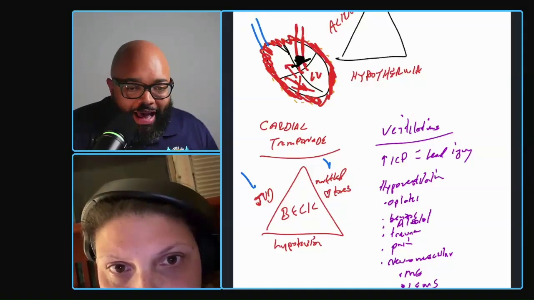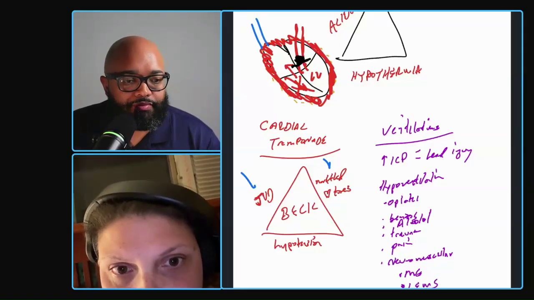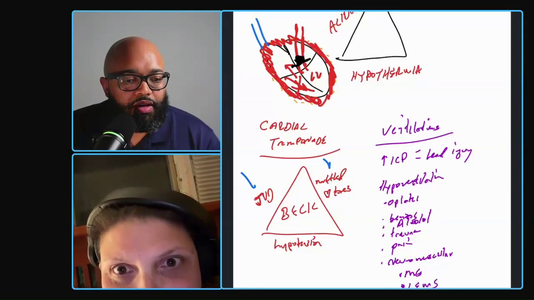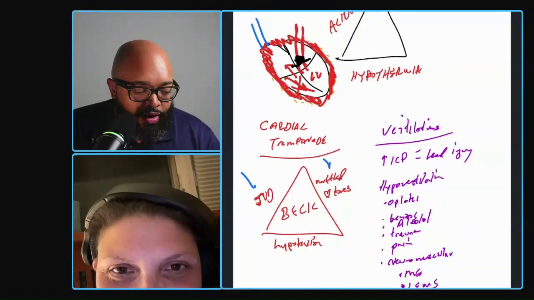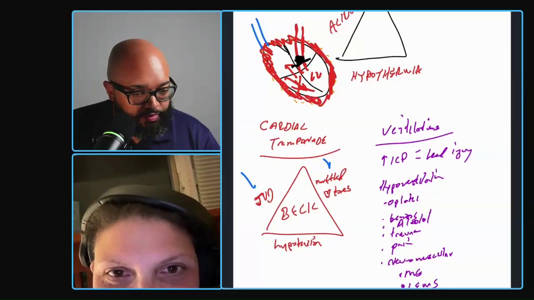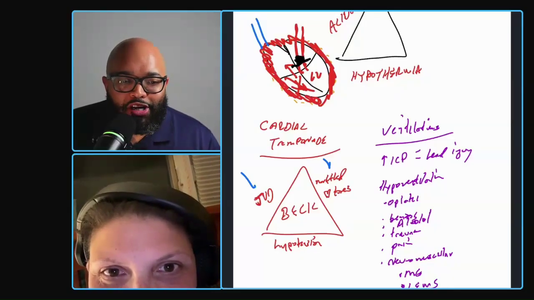Okay, tell me about the hypotension. Where does the hypotension come from? Why do you have hypotension in Beck's triad or in cardiac tamponade? Where's that blood pressure measured again? In the aortic valve or the aorta? So in the aorta.